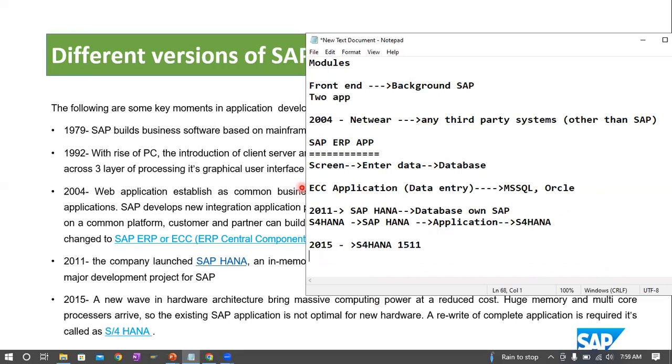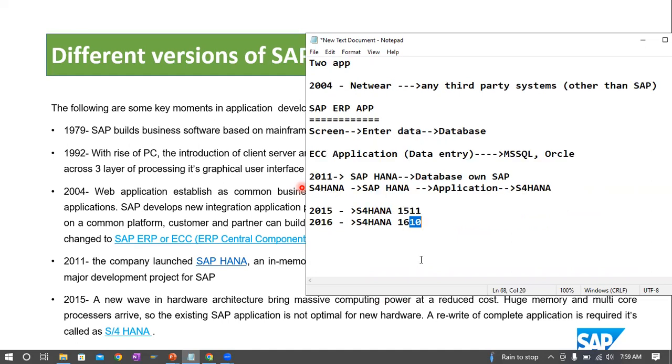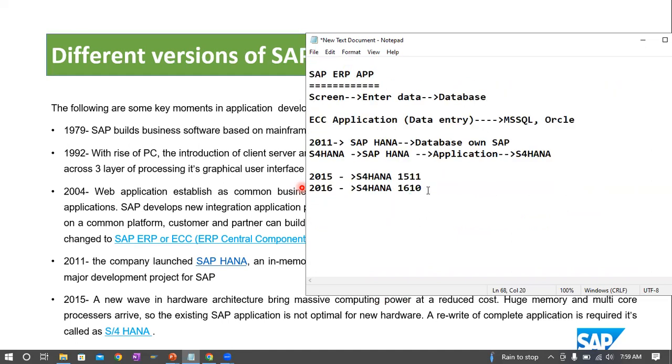1511. Later they released the second version, S4HANA in the year 2016, called 1610. So 15 means the year 2015, the last two digits indicate the month, which is November. Then 1610, 10 means October of the year 2016. Next, in 2017 they also released one more version called S4HANA 1709, so 09 indicates the month.